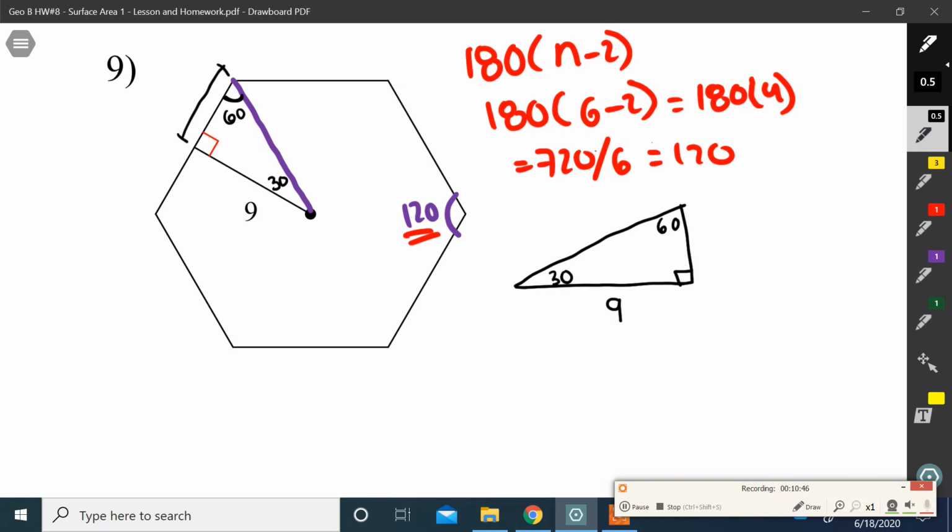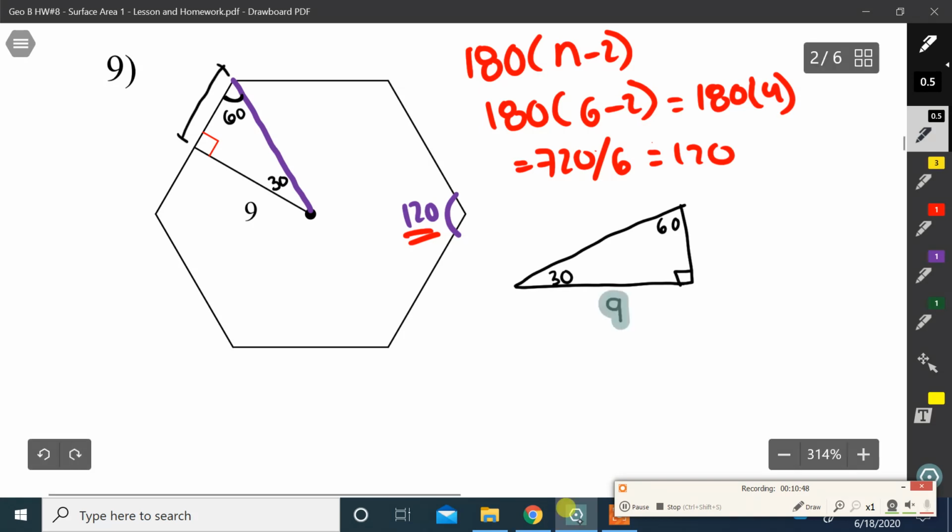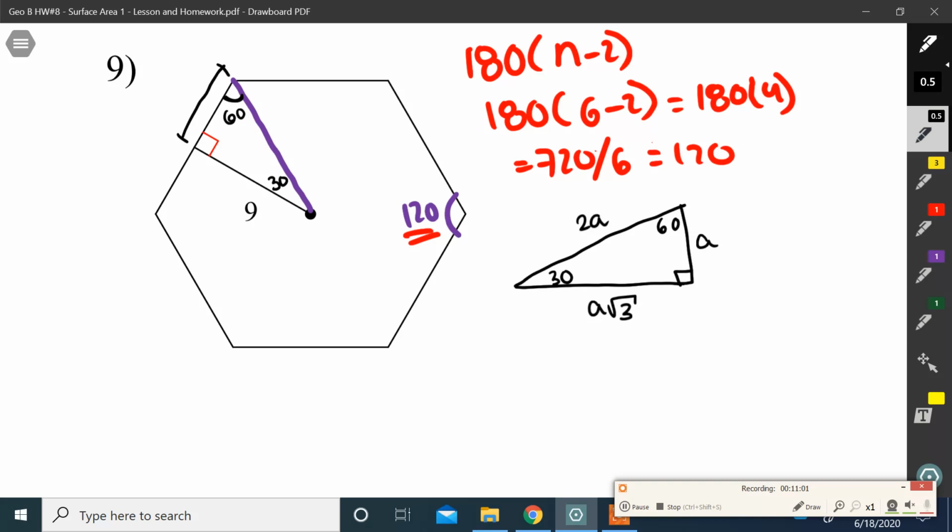So here's the thing. In a 30-60 degree triangle, if this is A, this is A square root of 3, and this is 2A. So this right here will be 9.